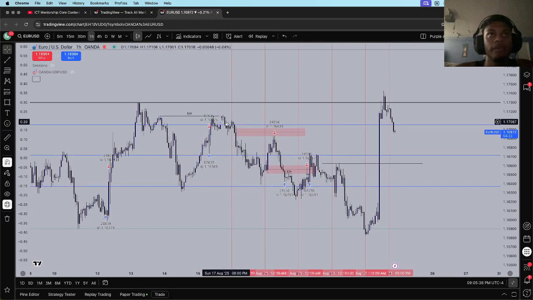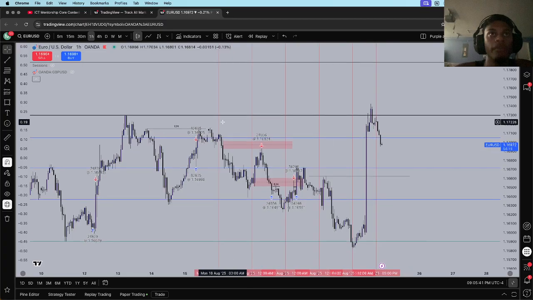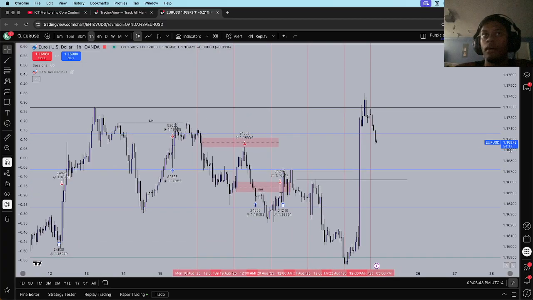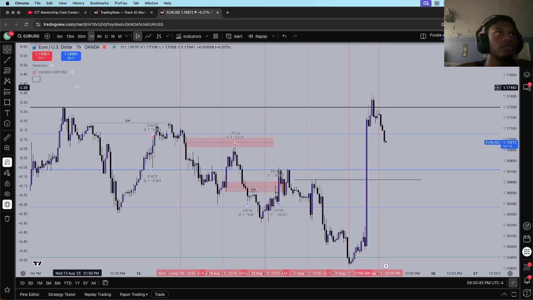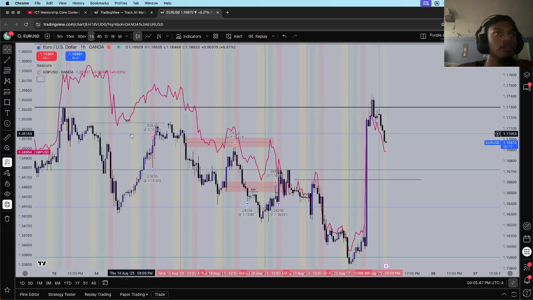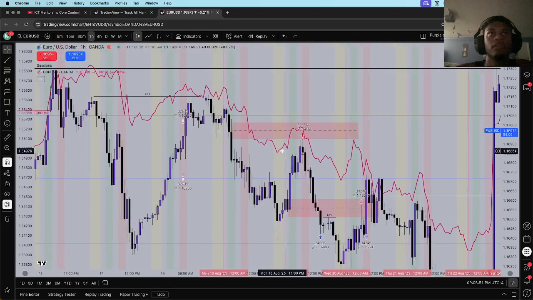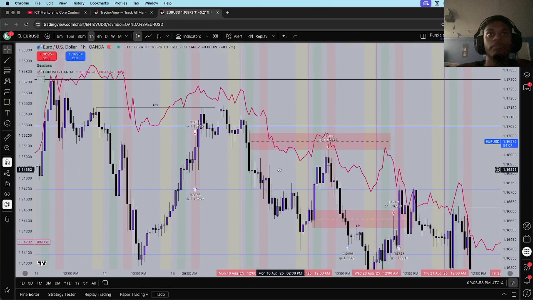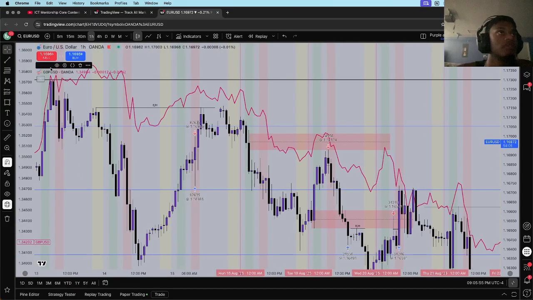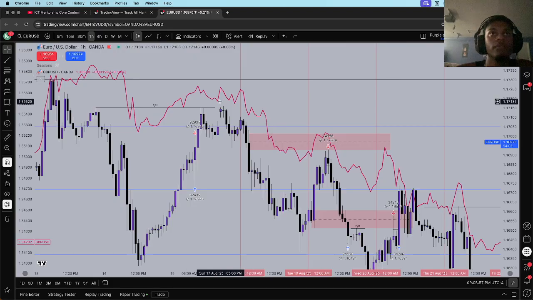First, I was expecting these equal highs to be taken out, but they weren't. I was okay with this for a couple of reasons. I'll show you guys. When price was here, bear with me, there's so many colors. When price was here.